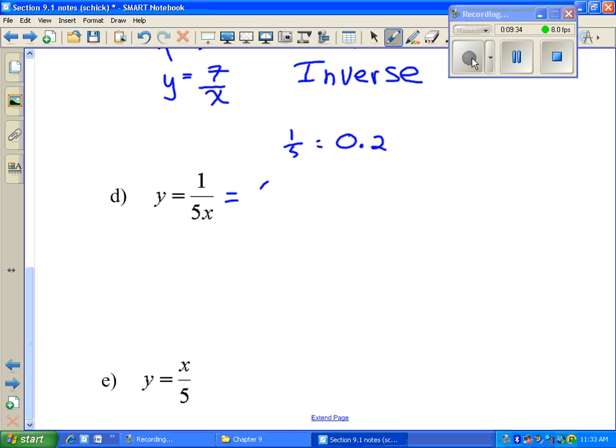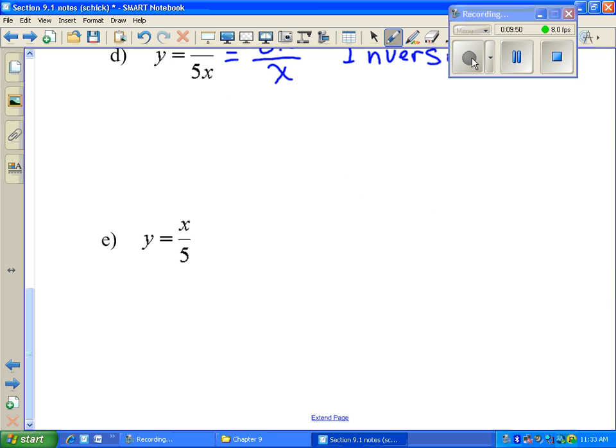So this would be 0.2 divided by x. This is still an inverse variation. It still does the same thing. And lastly, letter E, this is already y equals k divided by x. So this is also an inverse variation. All right.